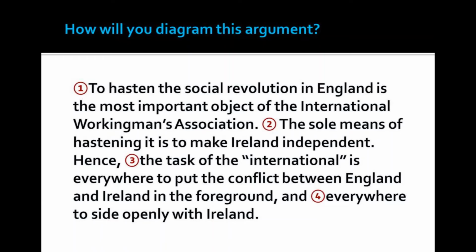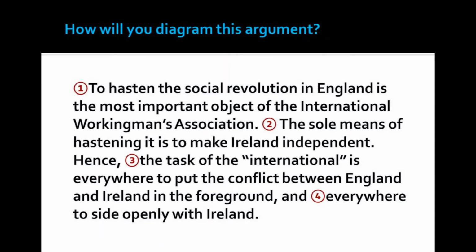When a passage contains two or more arguments and a number of propositions whose relations are not obvious, a diagram may prove particularly useful. Here is an interwoven argument, a passage from one of the letters of Karl Marx to Friedrich Engels. To hasten the social revolution in England is the most important object of the International Workingmen's Association.